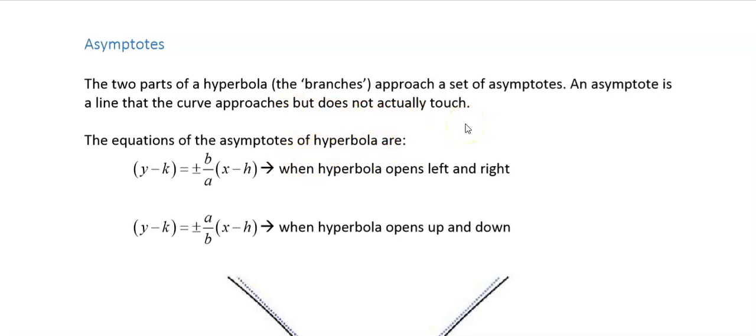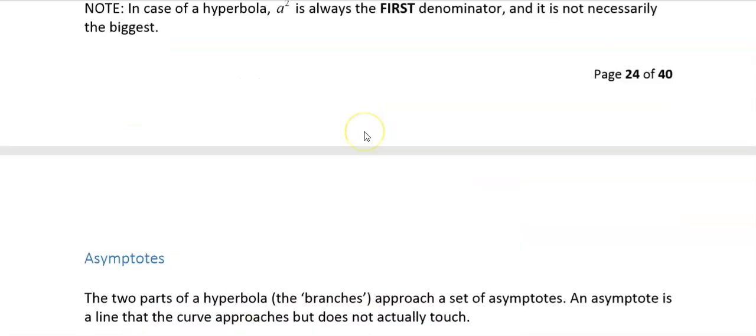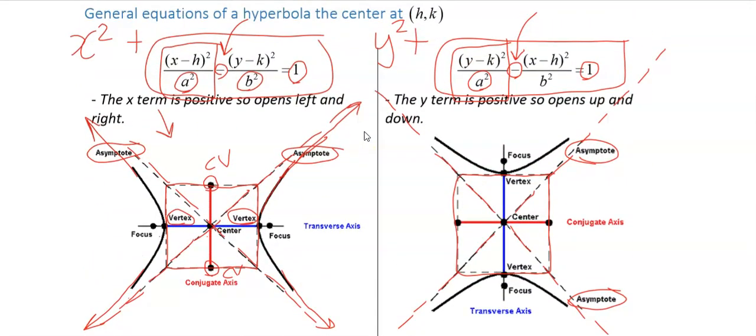Everyone, you see this? Now, I want to point out that the x minus h and the y minus k in both forms of the asymptotes, you get those directly from your equation, whatever your equation is. So let me go back to the equations. Whatever this x minus h is, whatever this y minus k is, it's exactly the same for your asymptotes.